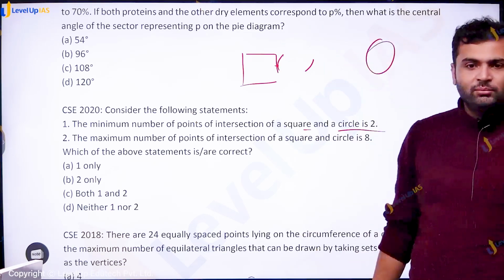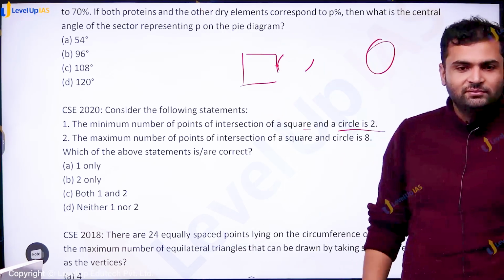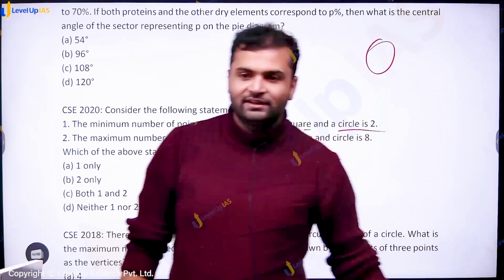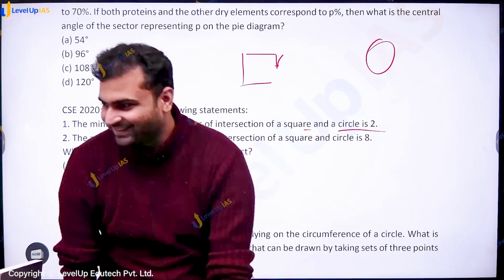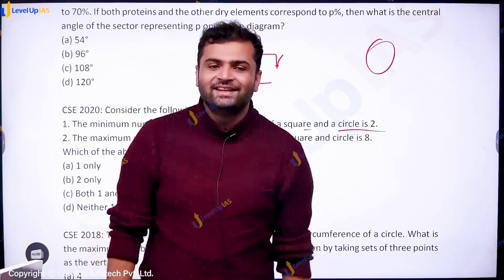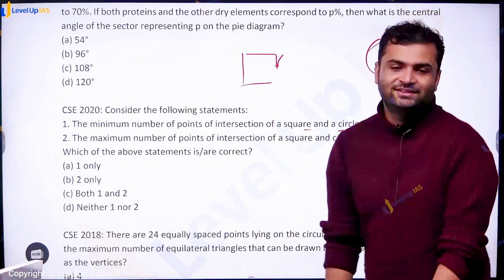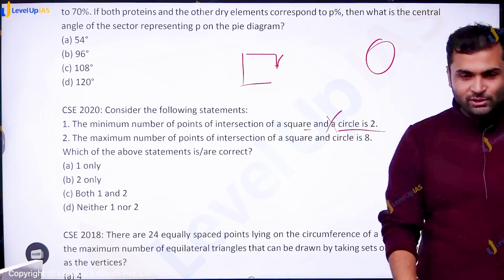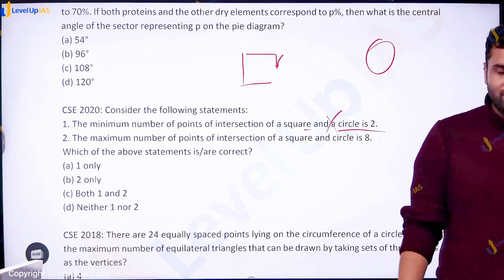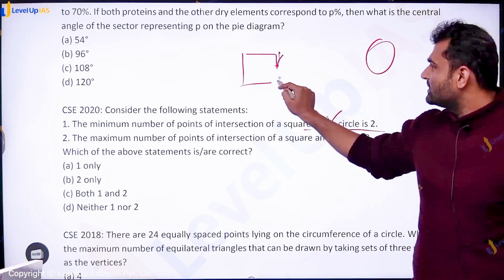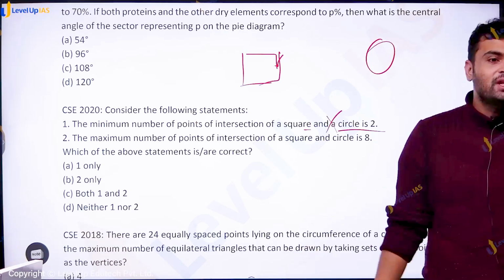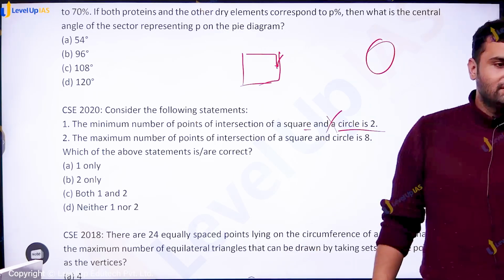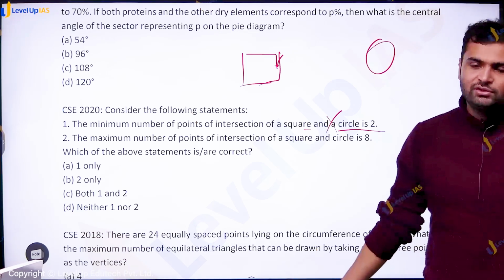You can have 0 points of intersection. तो है ही नहीं तो 0 है ना फिर. In any which way, this statement is wrong. But this is also one case that they are not intersecting. Who says every circle and square has to intersect? Minimum is minimum. 0.